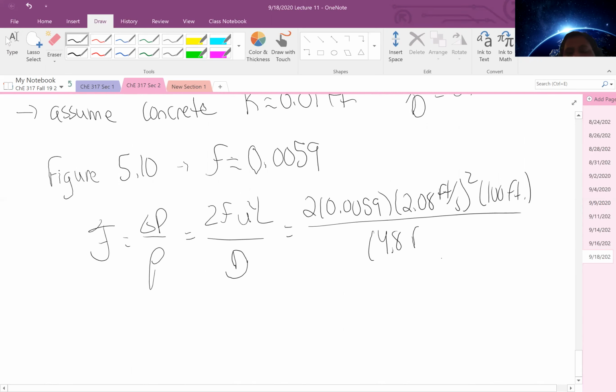This should give you your answer in feet squared per second squared. Which is 1.06 feet squared per second squared.